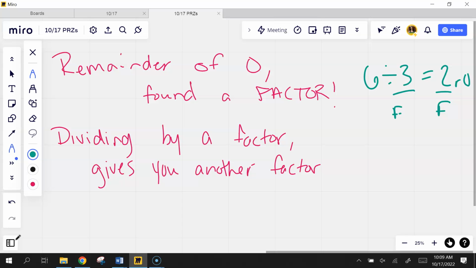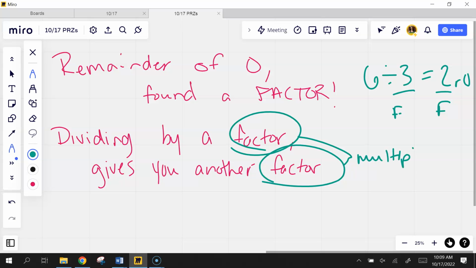These 2 factors could multiply together to give you what you started with. So in other words, dividing is another way to factor. Remember whenever we factored quadratics into 2 pieces? This is another way to factor, by dividing.